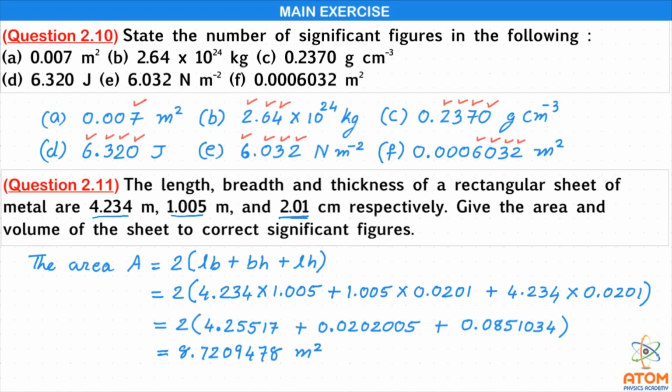That's why the final answer should be reduced up to 3 significant figures. That means I should reduce this number up to 3 significant figures, and so I'll get the area A is equal to 8.72 meter square. This is the first answer, that is area using the significant figures.